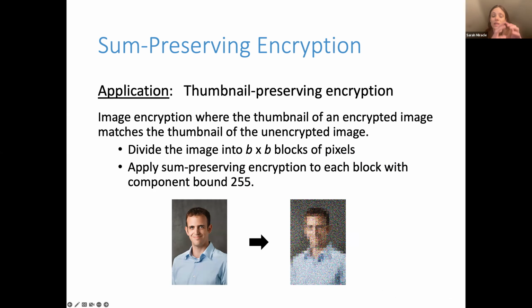So if we take each of these same blocks and apply sum preserving encryption to the blocks, then the sum of the pixels in the original image and the encrypted image will be the same. Thus, the mean will be the same, and we've preserved the thumbnail between the original image and the encrypted image.